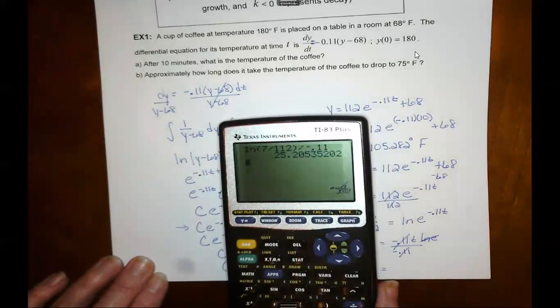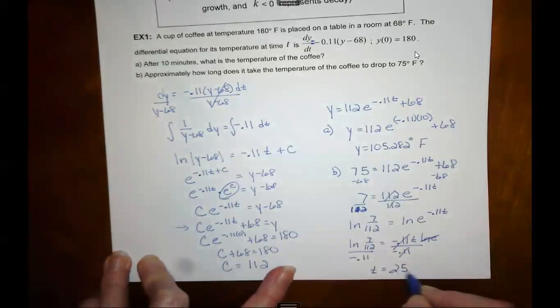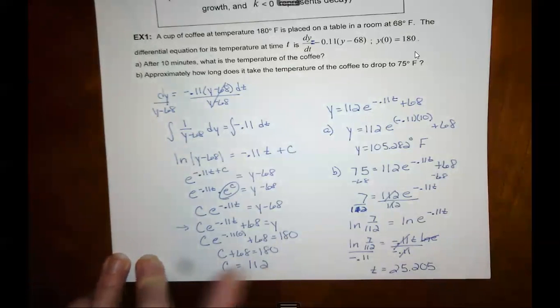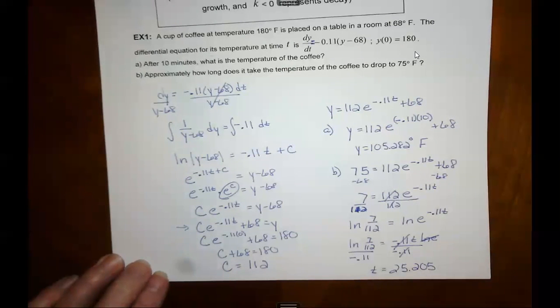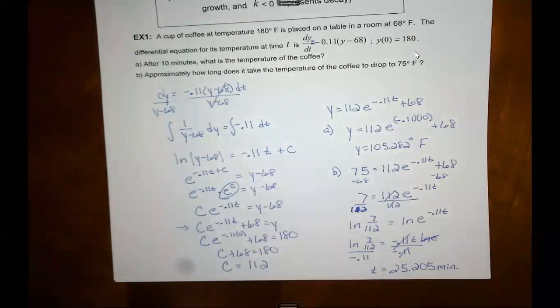So we get 25.205. And this is our time, and time in this problem was in minutes. So in approximately 25 minutes, it's cooled down to 75 degrees. All right.